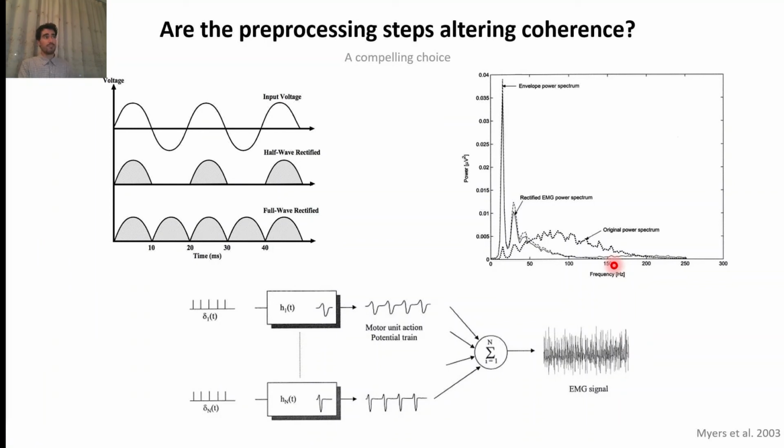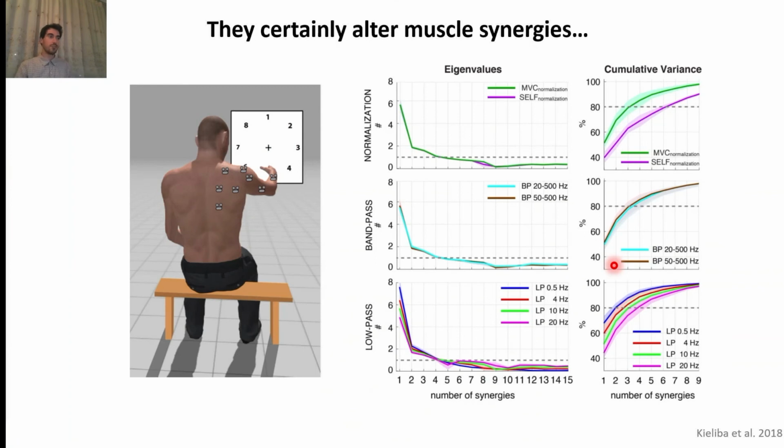Of course, we might not know if preprocessing steps alter coherence, but they for sure alter muscle synergies. In this work, I studied different ways of processing or pre-processing the data and studied what happened to the actual number of synergies that you can extract from your data, or actually what happens to the synergies themselves.